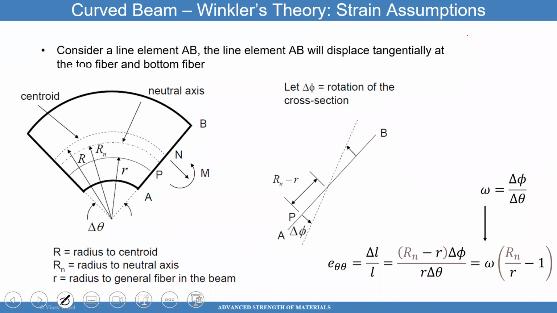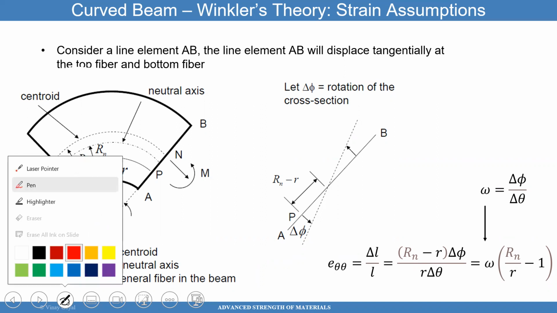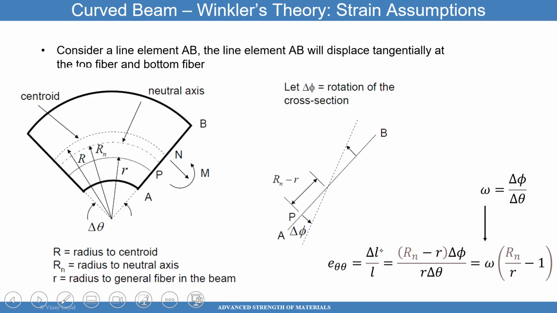So if you're wondering why delta L is that, you can check it yourself, but you get tangent of delta phi equals delta L divided by Rn minus R, because that's this edge divided by that edge.